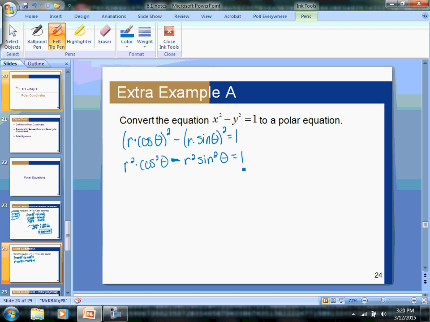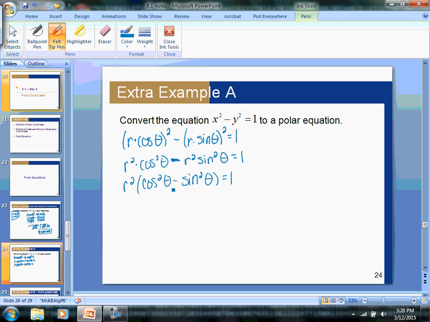Okay, so now, if you're trying to think of what do I do next, if you look at both of these terms, I have the r squared cosine squared and the r squared sine squared. Both of them have an r squared. So I can still take that out like a GCF. Okay.